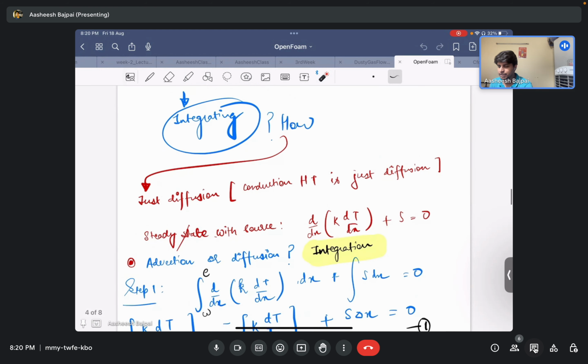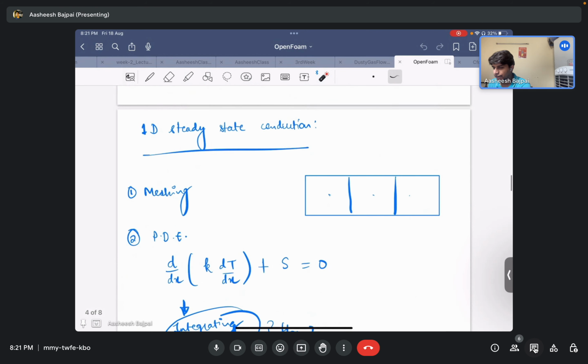And now let's integrate. How we will integrate is, let's write present. So this is the present point, and this is the eastern point. So in this we are defining east, west, north, south, as we defined in our map. This will be east, this will be west, and this will be the present one, whatever I am right now tackling.